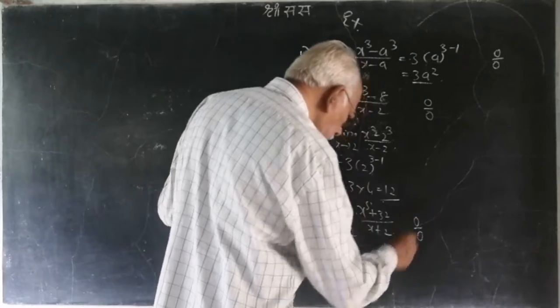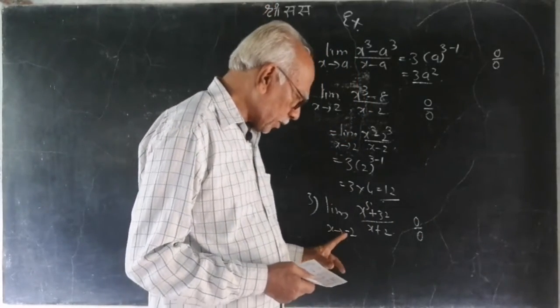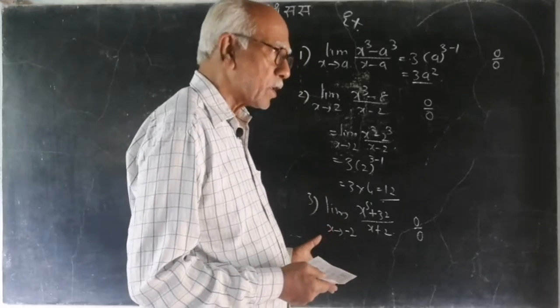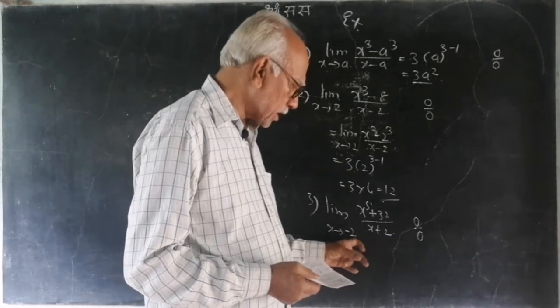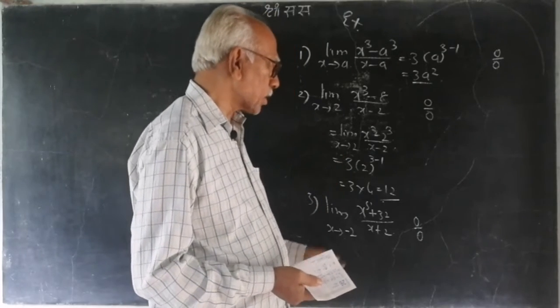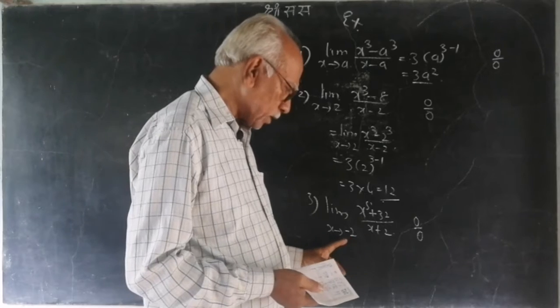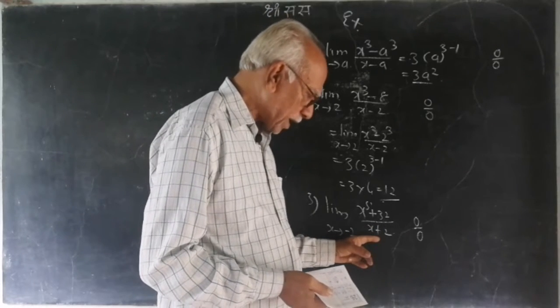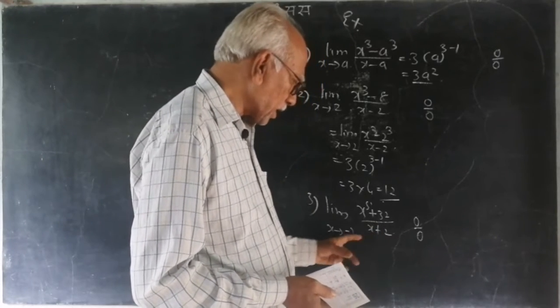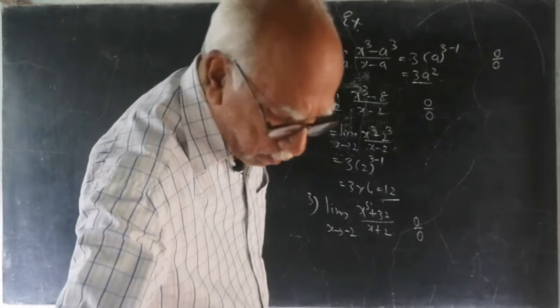Again it is the 0 by 0 form. But here we have to observe what our a value is. The a value is minus 2. Can this plus 2 be written in the form minus of minus 2? Yes, because two conventions are very important, the middle minus sign and the limit. When you combine those two, if you place a minus, automatically this plus 2 becomes minus of minus 2, and we will get that form.